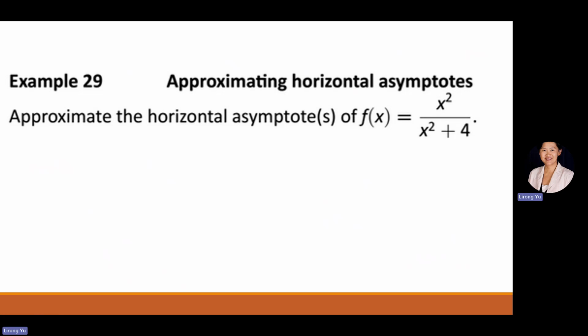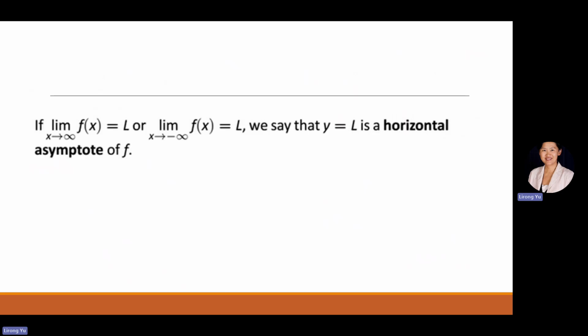Let's see how we determine horizontal asymptote. The only reason that horizontal asymptote exists is because of the limit as x goes to infinity. So the definition itself is telling us how to determine horizontal asymptote. That is, you make x large, you make x go to infinity.